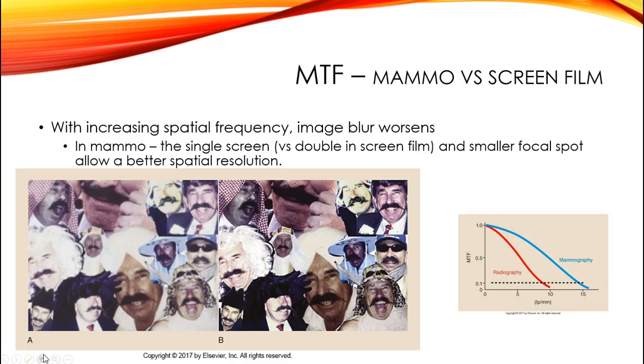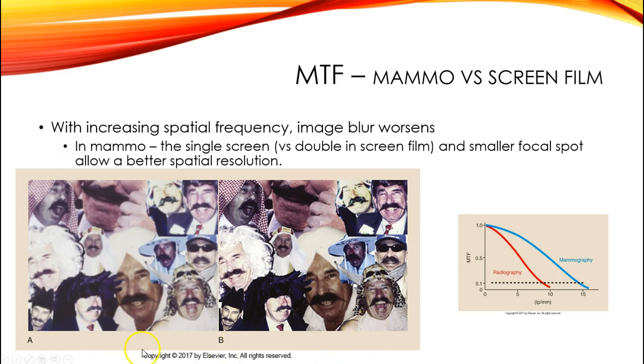Okay, this next slide shows Dr. Bushong. This is Dr. Bushong here in all these images. And by the way, that mustache is real. So this is just giving you a visual confirmation of the difference between mammography, which is here, letter B, mammography resolution in imaging, and radiography, screen film resolution.